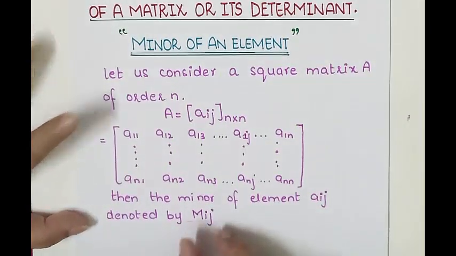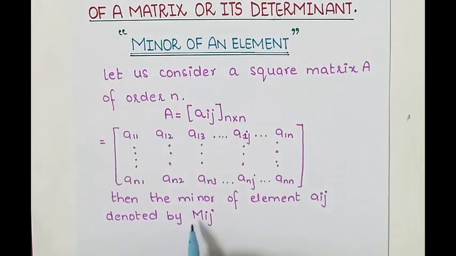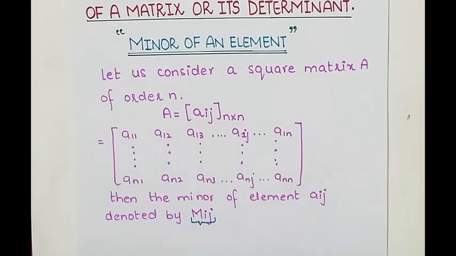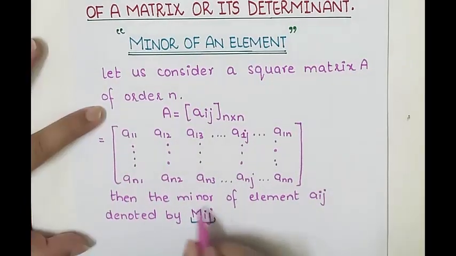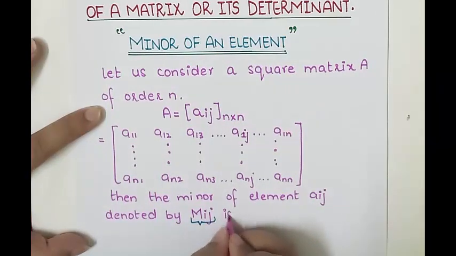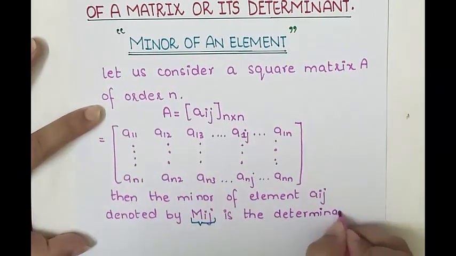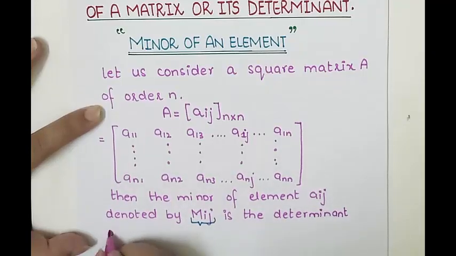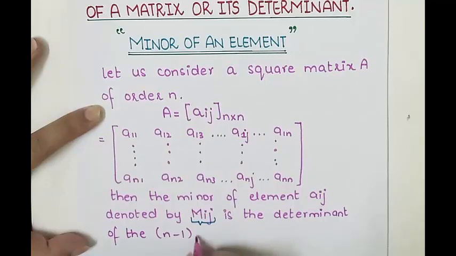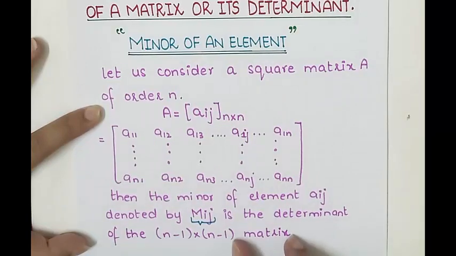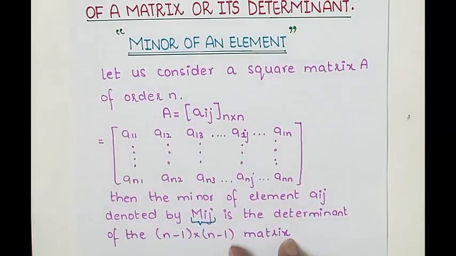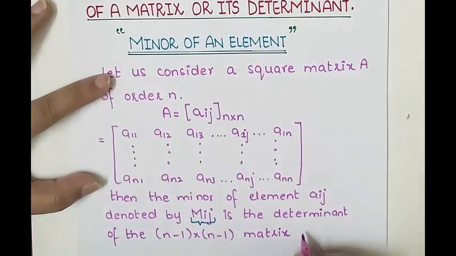We denote the minor with this notation Mij, and what is this Mij? It is the determinant of the n minus 1 by n minus 1 matrix, and this matrix is formed by deleting the ith row and jth column.